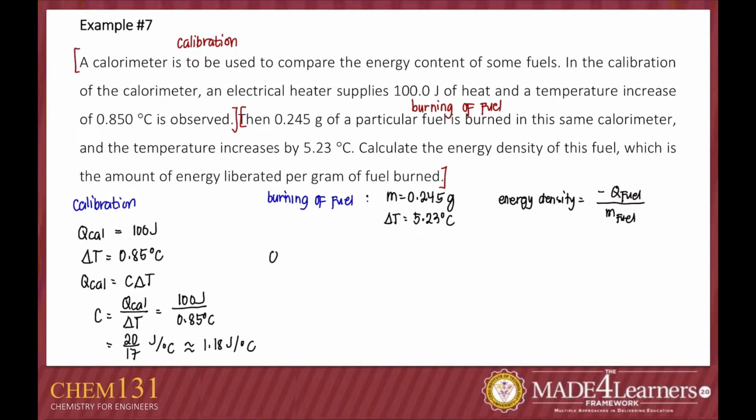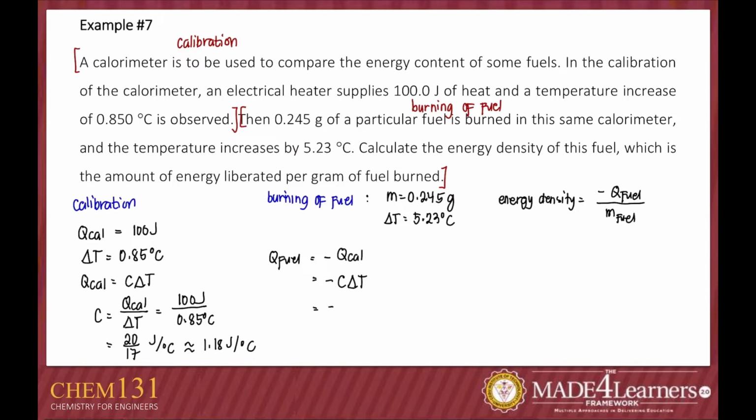So Q fuel equals negative Q calorimeter, right? That's Q fuel here means the heat of the reaction in burning the fuel. We already know the heat capacity of the calorimeter and the change in temperature here when the fuel was burned.